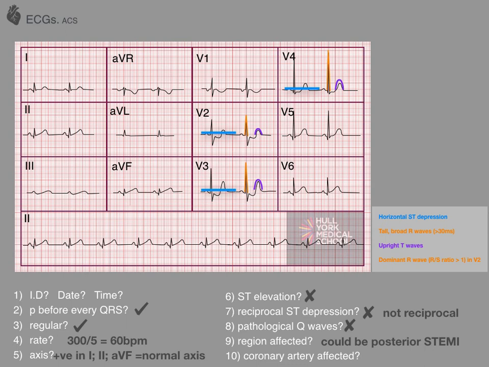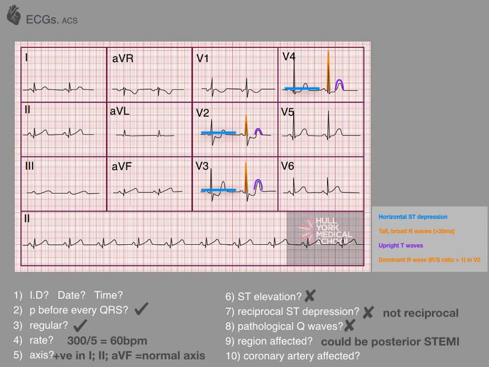We then have a good look around the ECG for any ST elevation, and I can't see any in this ECG. However, when we move on to looking for ST depression, hopefully you can appreciate that there's quite marked flat horizontal ST depression present in leads V2, V3, V4.